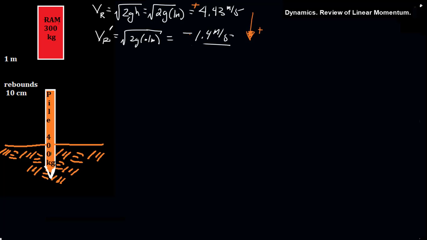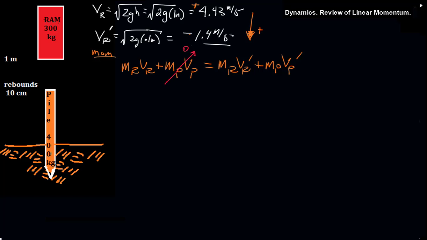And with that, we can apply the conservation of momentum, which says that m ram v ram plus m pile v pile equals m ram v ram after plus m pile v pile after. And initially the pile's not moving, it's stuck in the ground.